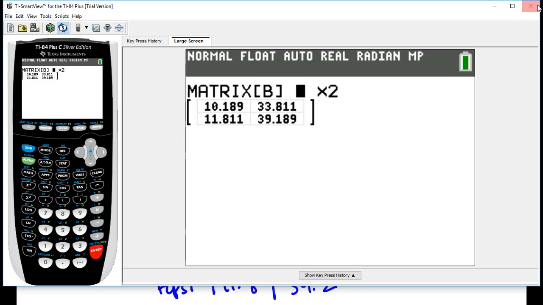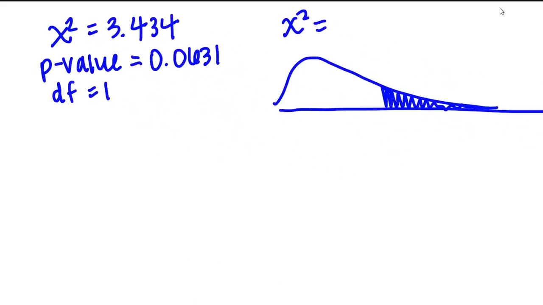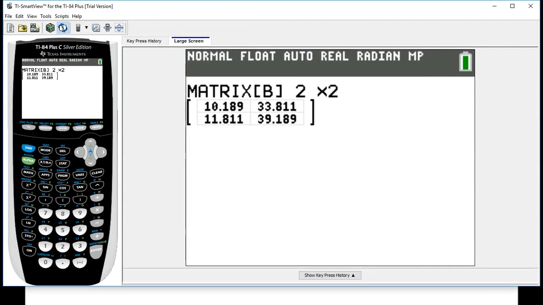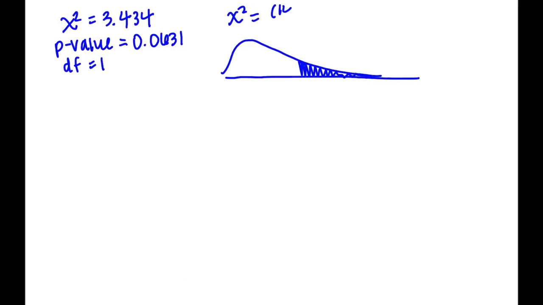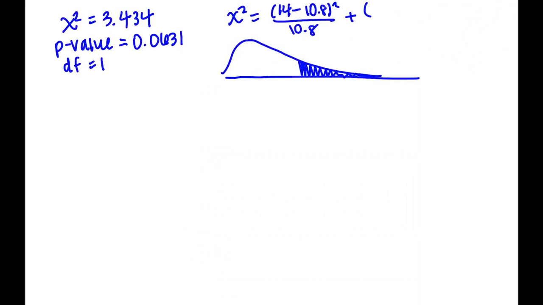Okay, so like I said, on your work, I like you to show your first, second, and last. And so in this case, I need to look at my calculator to do it. So I'm going to pull that up. We have 14 minus 10.8 squared over 10.8 plus, I'll do the next one, 30 minus 33.8 squared over 33.8, and then we don't have to do all of them.